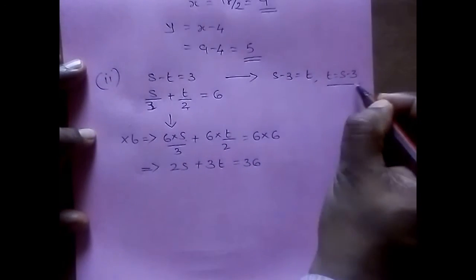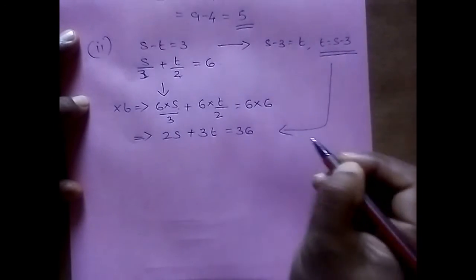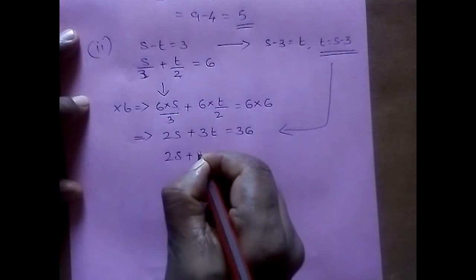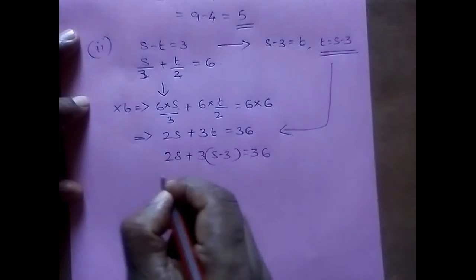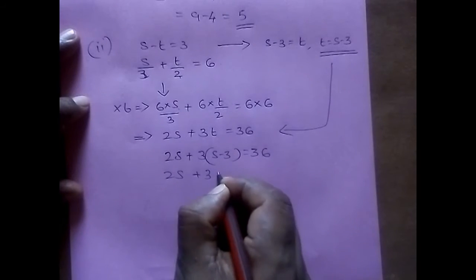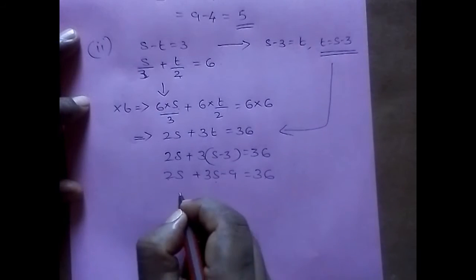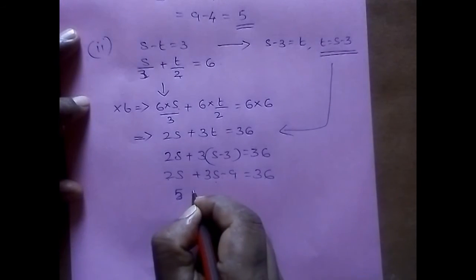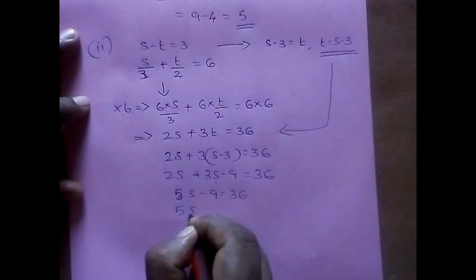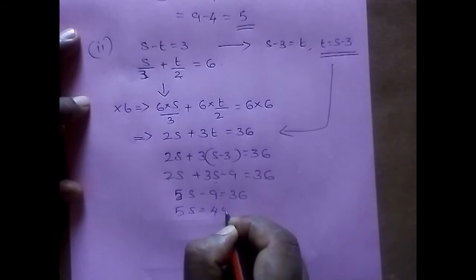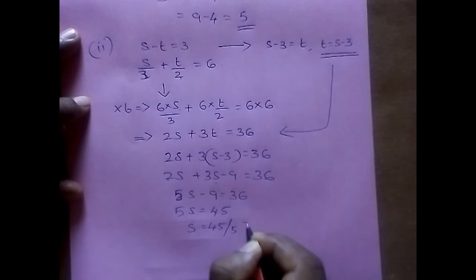And we know that t is equal to s minus 3. So substituting this value here, 2s plus 3 into s minus 3 equal to 36. So 2s plus 3s minus 9 equal to 36. 2s plus 3s is 5s, so 5s minus 9 equals 36. 5s is equal to 36 plus 9, 45, and s is equal to 45 upon 5 equals 9.